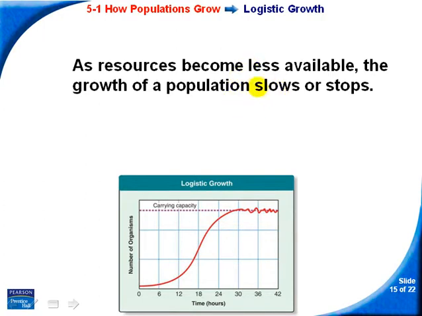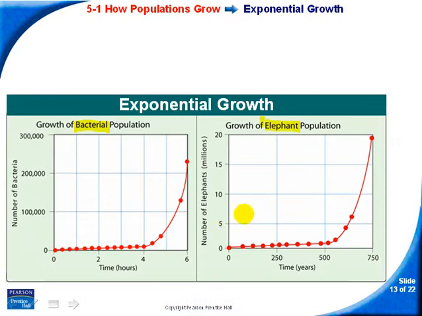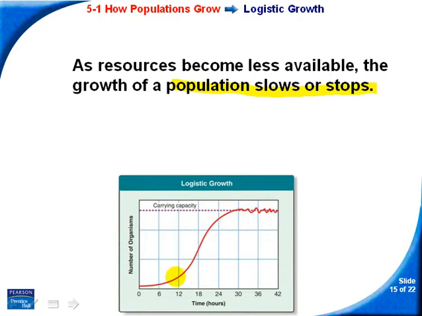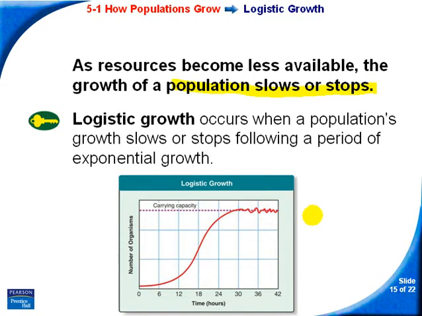As your resources become less available, the population is going to slow or stop. And here's a very classic S curve. If the infinite growth, let's go back to that, is what we call a J curve, then logistic growth is what we call an S curve.